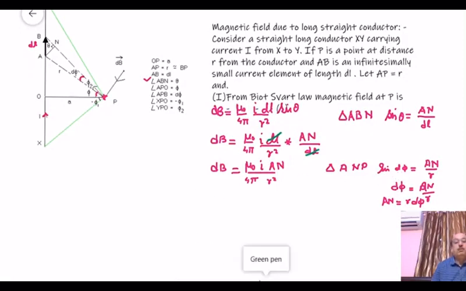So the value of dB is equal to mu naught upon 4 pi, I, in place of AN we write r d phi, by r square.